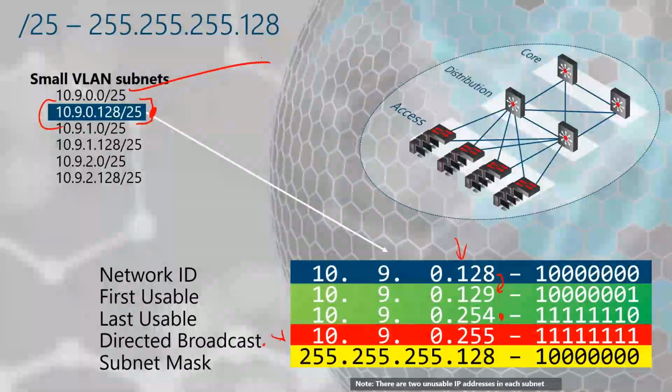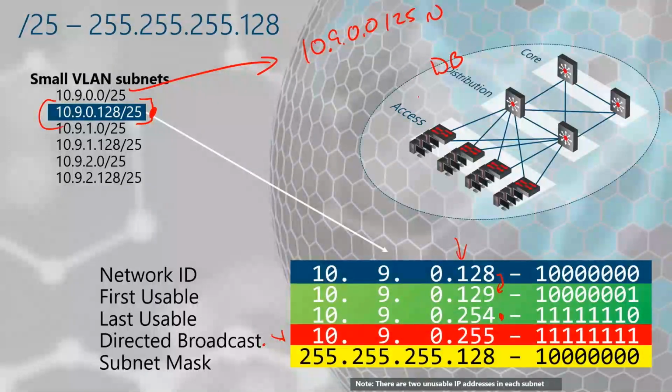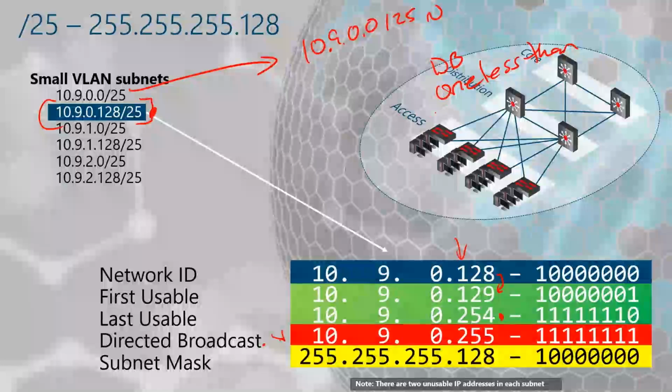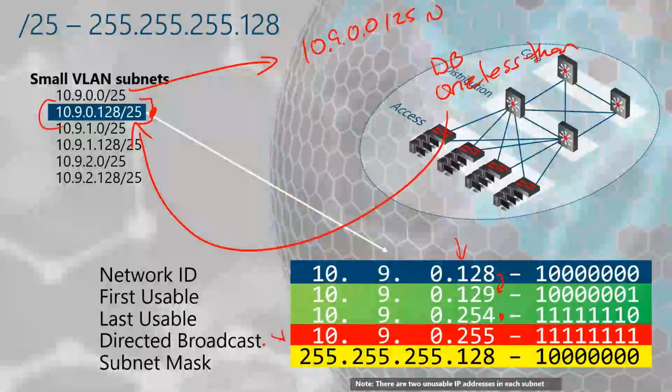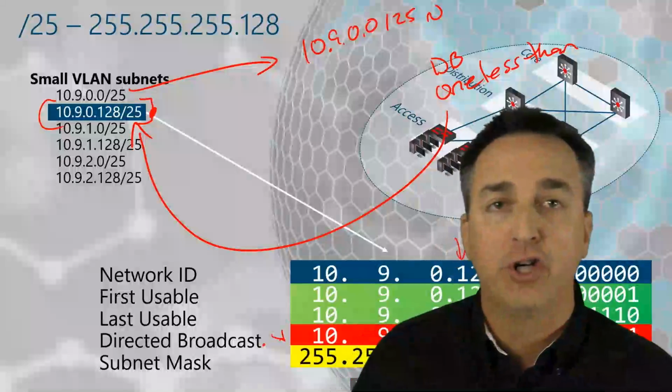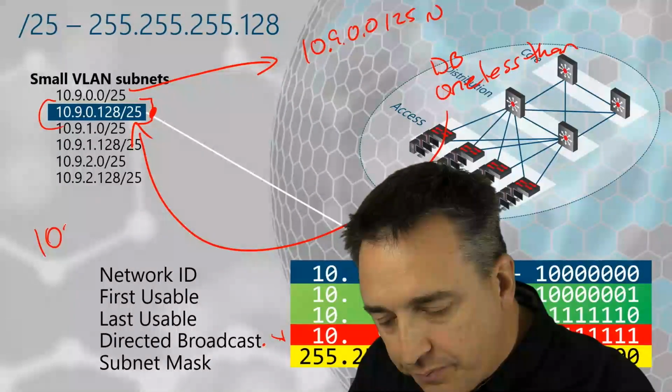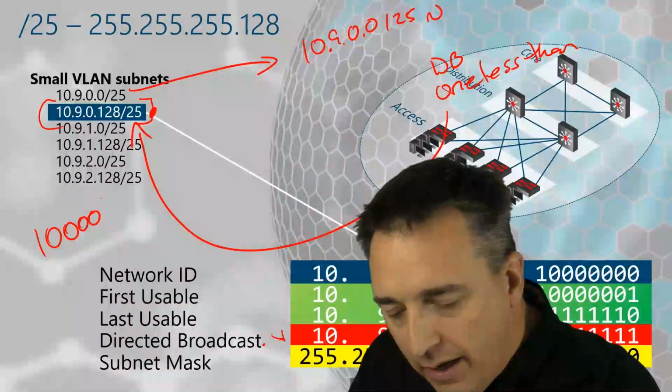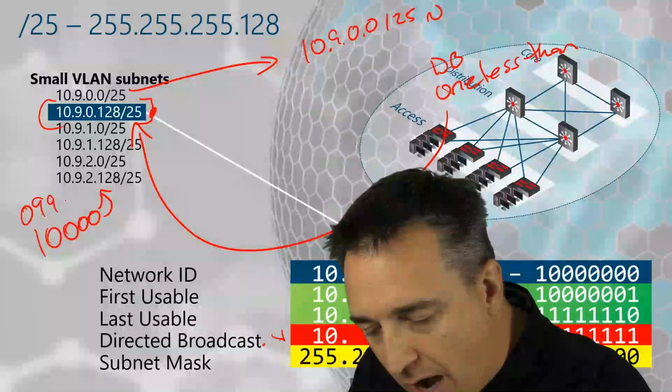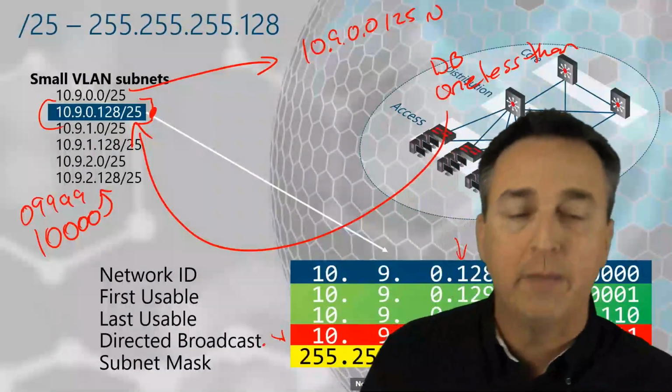But what about this one? 10.9.0.0/25 is the network ID. The directed broadcast address would be what? 1 less than this one. So when you're thinking about that math now, think about rolling back the odometer on your car. If you had a car with 10,000 miles, and you rolled it back, this is 9,999.